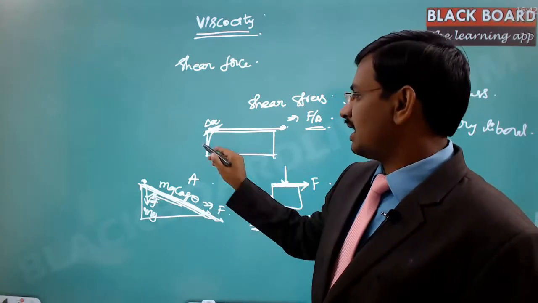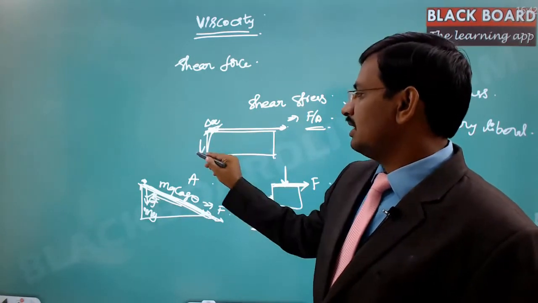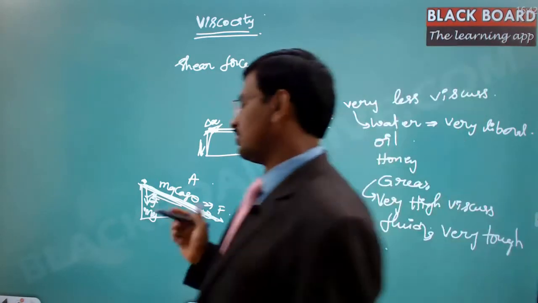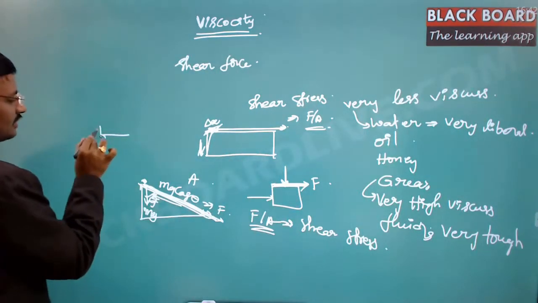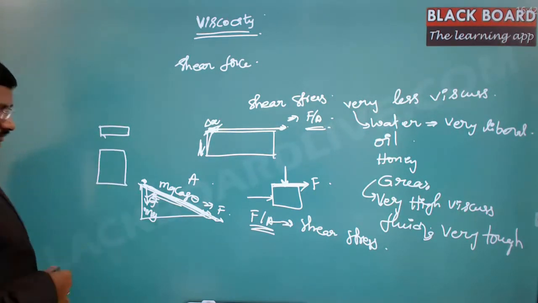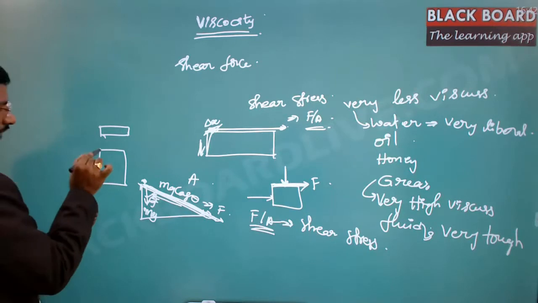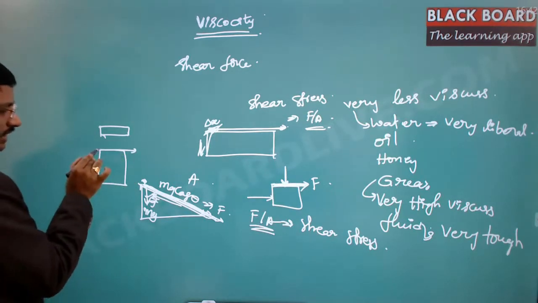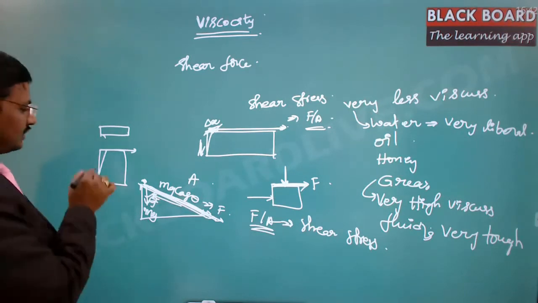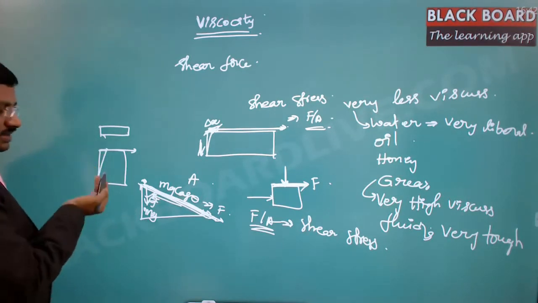And this delta x, out of this height, obviously this height is of great importance in this case. Suppose I take a block of very small height and a block of very large height. If I apply this force, there is a high possibility of more shear in the taller one, so this length is going to be more if the height is more.